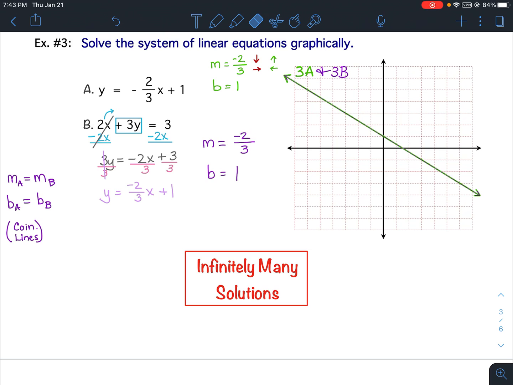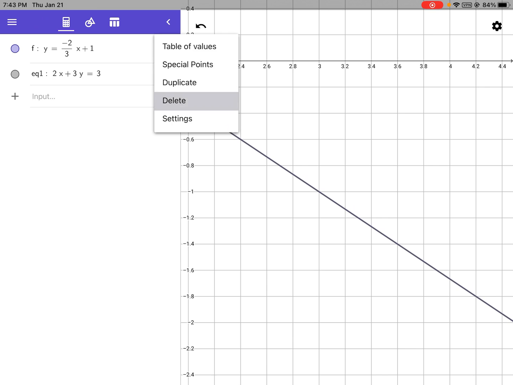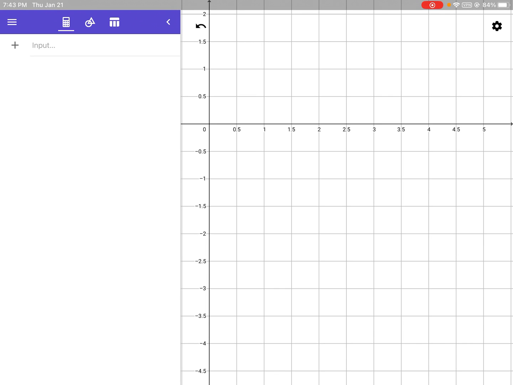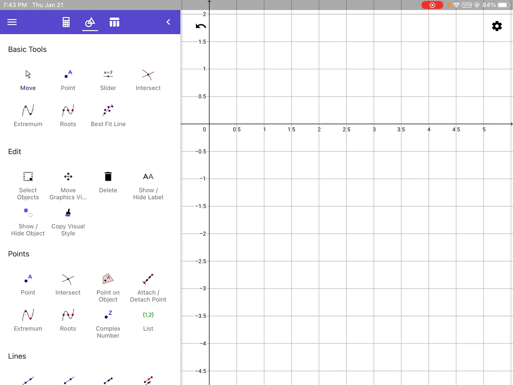All right, I want to show you what it looks like in the graphing calculator. Because this is coincident lines, I want to show you in not split screen because it's a little bit easier to see. So I'm going to pull up the graphing calculator here. All right, let me delete.